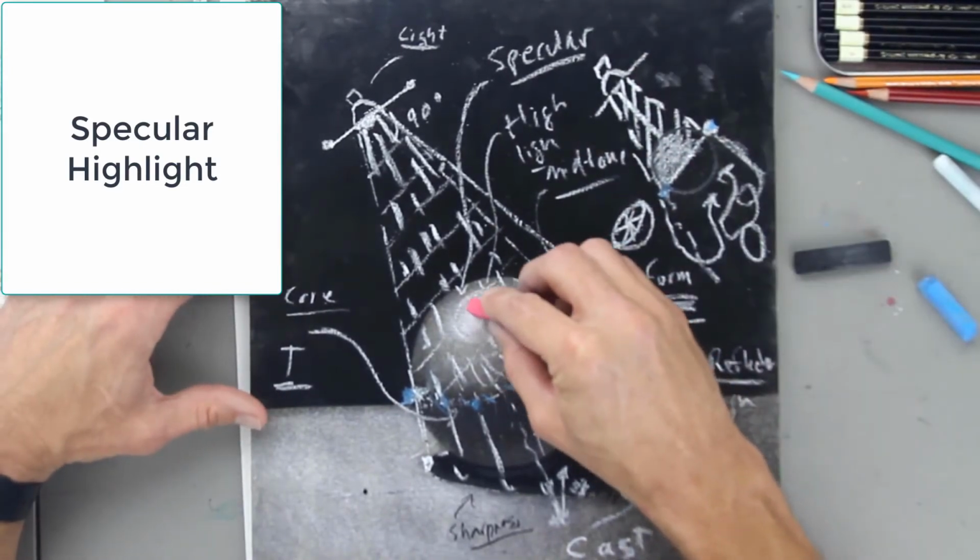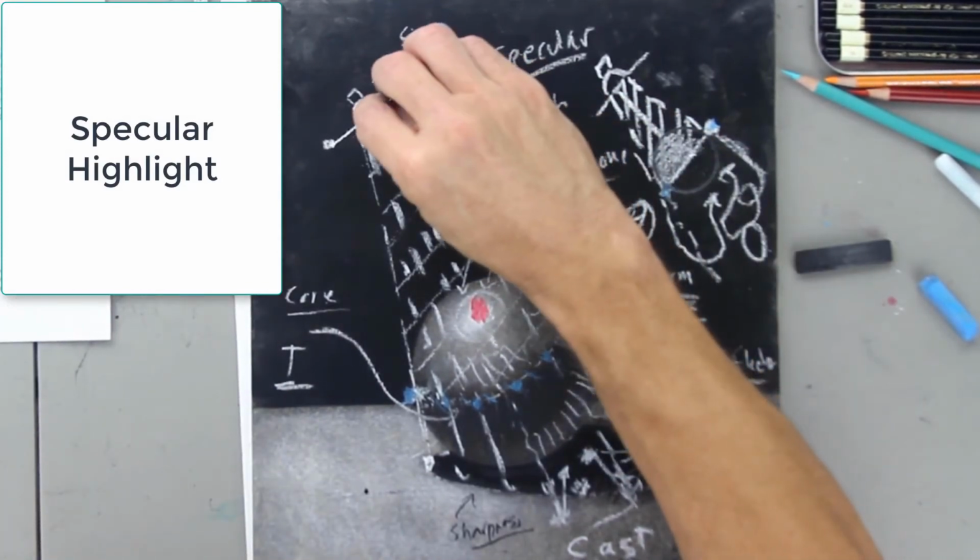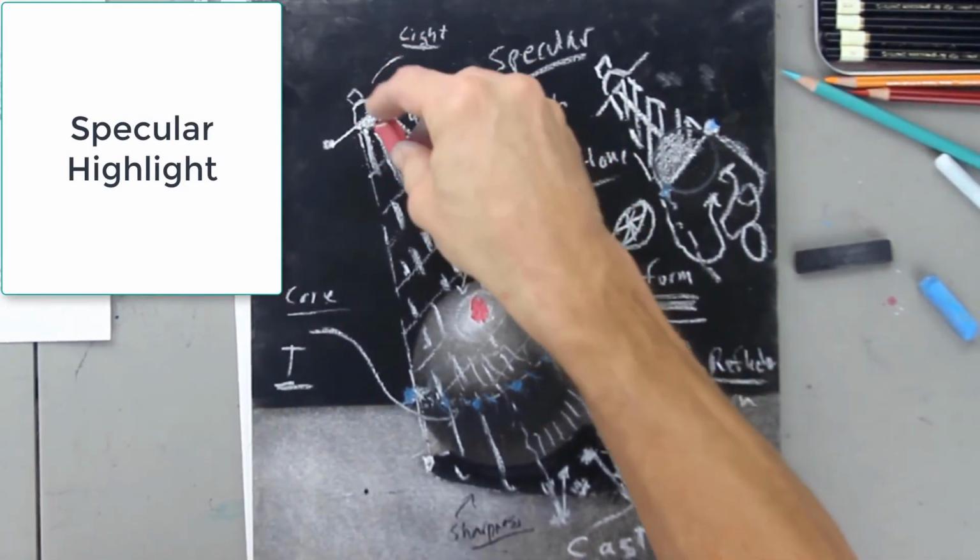Now I'm going to add a different color here just so we make sure we understand that specular highlight can be quite important, and it creates a lot of contrast and pop in a drawing.